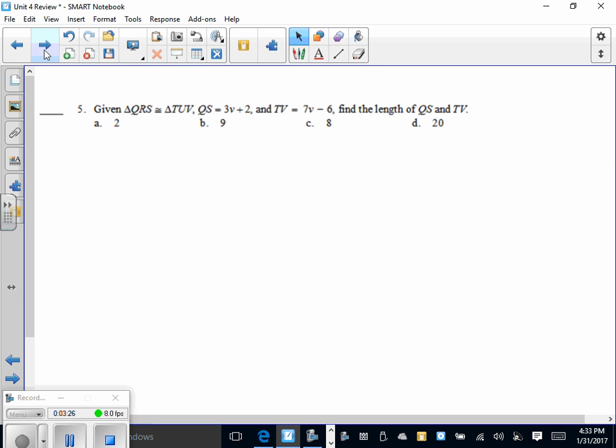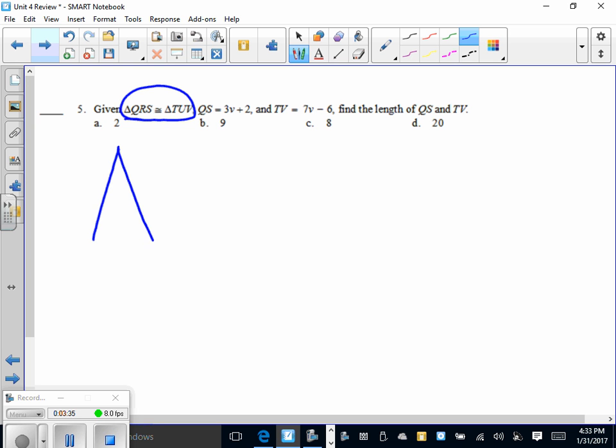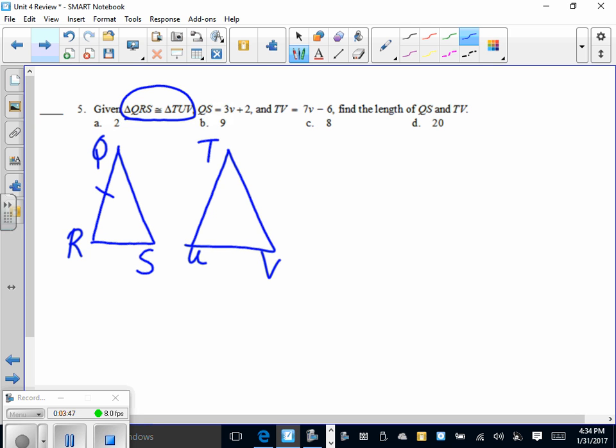Okay, number 5. Given that triangle QRS is congruent to triangle TUV. Since they don't have a diagram drawn, the first thing I would do is draw one. Since the letters in order make a difference, Q matches up with T, R matches up with U, and S matches up with V. So that means QR is equal to TU, RS is equal to UV, and QS is equal to TV.